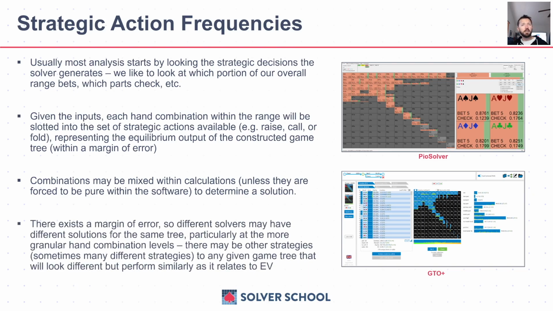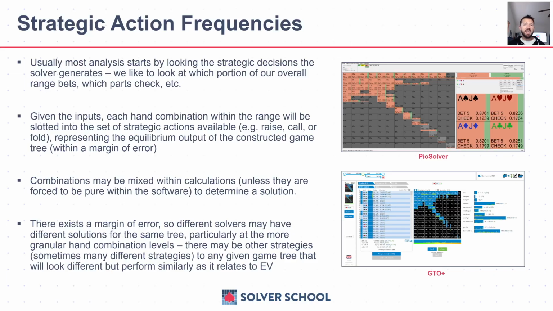Now, there does exist a margin of error, so different solvers might have different solutions for the same game tree, which can be confusing to some, particularly when we get to the more granular hand combination level. So generally what you'll see is, if you look at solutions for different solvers, at the macro level, from an overall frequency perspective, you're going to see frequencies stay fairly close to one another for a solution.